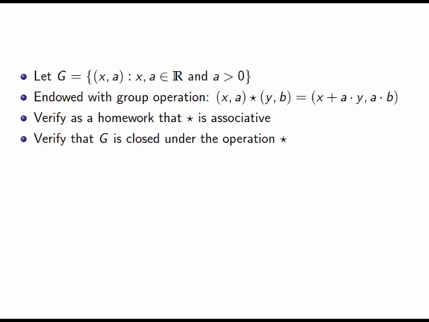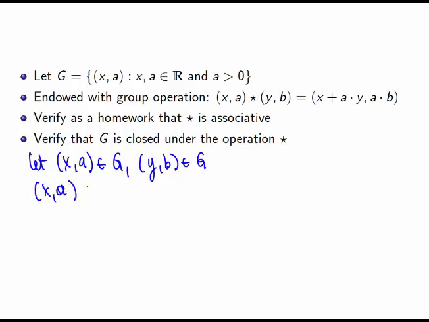Now, let us verify that G is closed under the given operation. So to this end, if we let (x, a) be an element of G, and let's say (y, b) is an element of G, then if you take (x, a) star (y, b), the operation tells us that this will be (x + ay, ab).